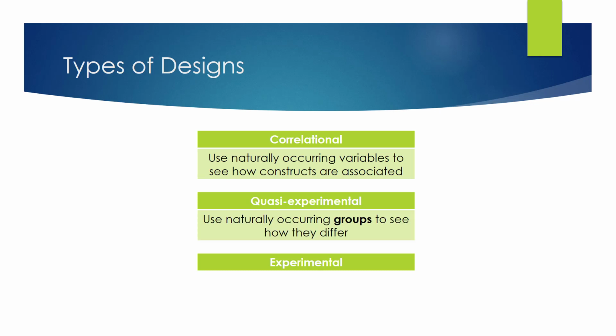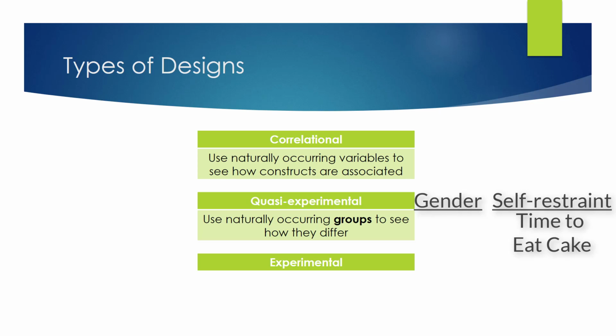Now, with a quasi-experimental, I still have naturally occurring variables. However, one of the variables is a grouping variable. So let's stick with my cake design. So we'll look at restraint in eating a cake. And I want to look at, do men and women wait a different amount of time before they dig into the cake? And here, one of my variables is gender.